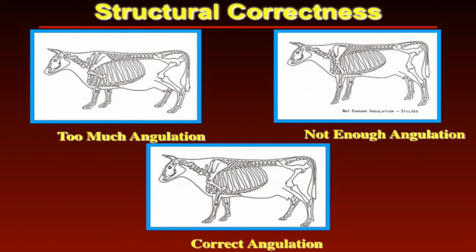The bottom picture is more in line, and you can see then through that, as we look at the scapula, to the shoulder, back to the elbow on that front end structure of this cow, it's about a 90-degree angle there. And on the hind end, you can see we've got some angulation, but not to the extent of that top left picture. So that gives you some examples of too much angulation, not enough, or too straight, and then more of in line of what we're desiring here.